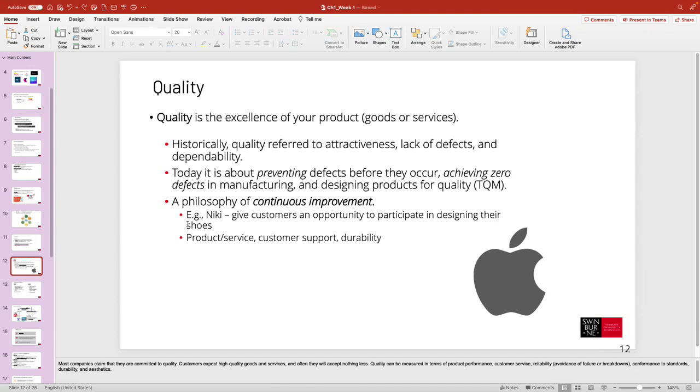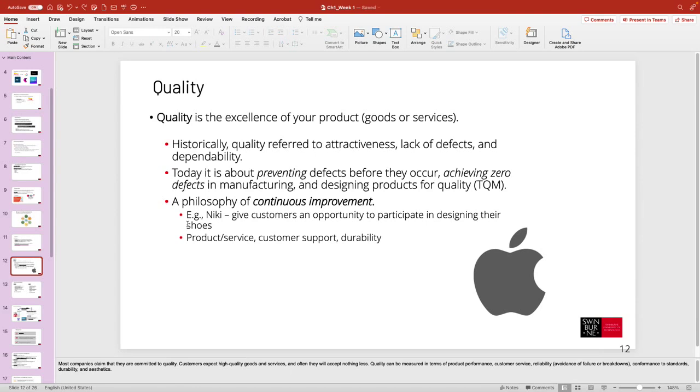Because we have seen some organizations calling for their products to be taken out of the market. That can be expensive, that can badly impact their brand names as well, right? So that is why organizations are thinking about achieving zero defects.